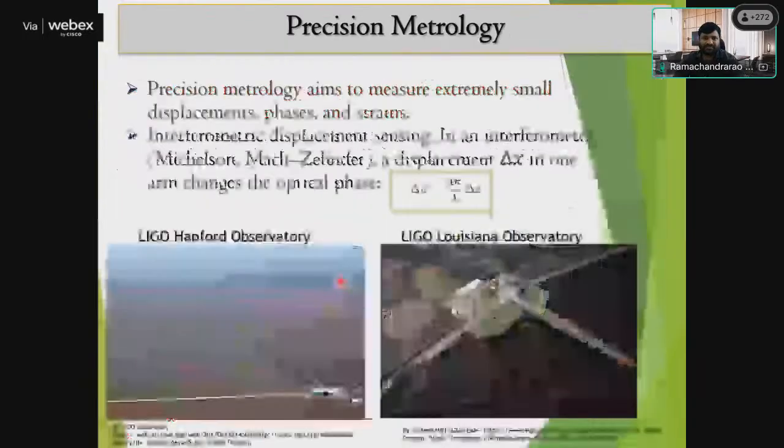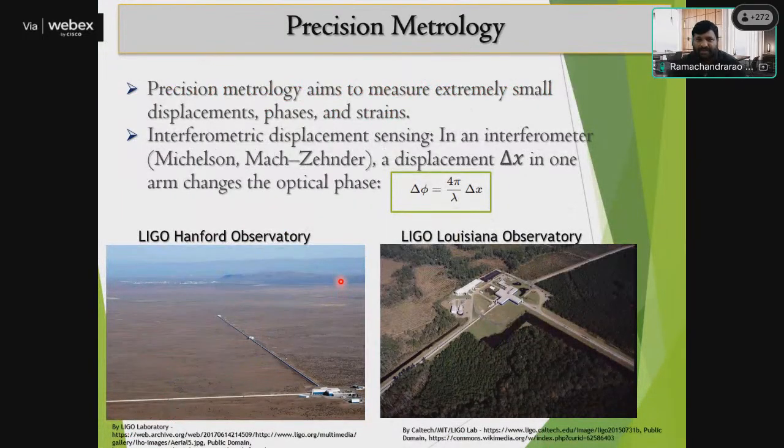Then precision metrology. Precision metrology using single photons is being performed, and it has also been demonstrated. The aim is to measure extremely small displacements, delta x, and phases, delta phi, and strains, if any strain is there in the samples.